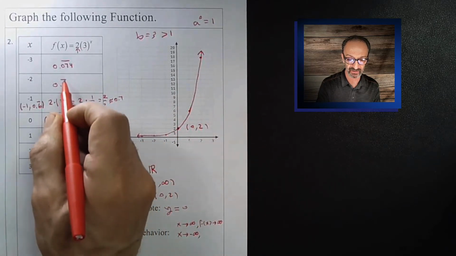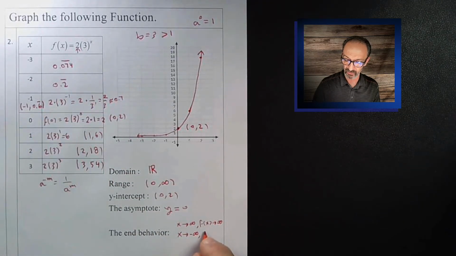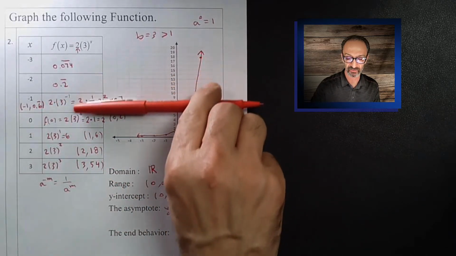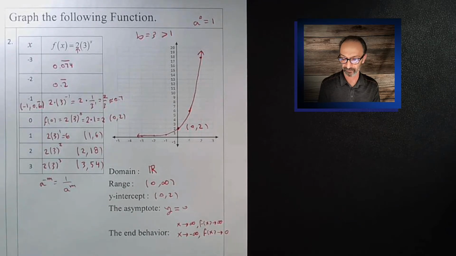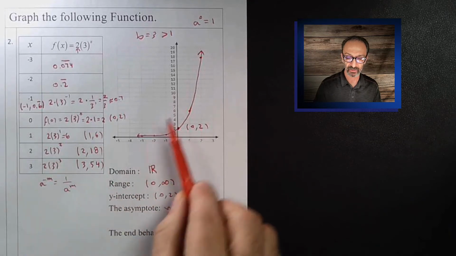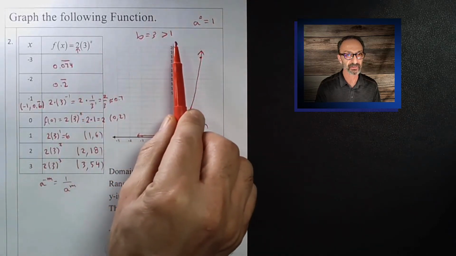As you can see, they get smaller and smaller. So we're going to say f of x approaches 0. And we could be more clear here that it approaches 0 from the right, from the positive values. Okay, that should do it for problem number 2. So the first one was decay, and this one is growth, because 3 is more than 1.